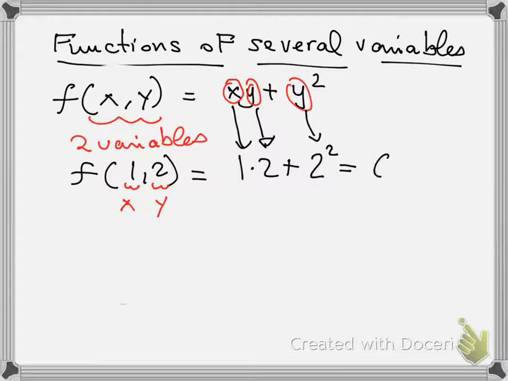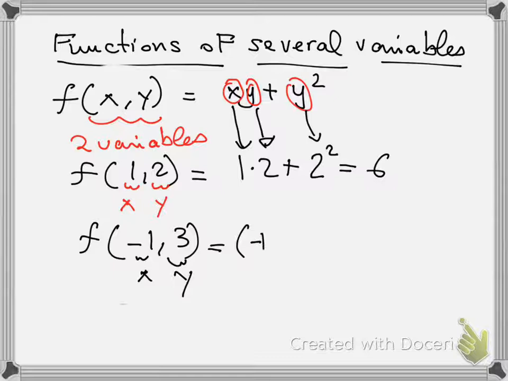So that's equal to 6. Or let's say you want to compute f of negative 1, 3. Now my x is negative 1 and y is 3. So that's negative 1 times 3 plus 3 squared. So that's negative 3 plus 9, which is of course positive 6.